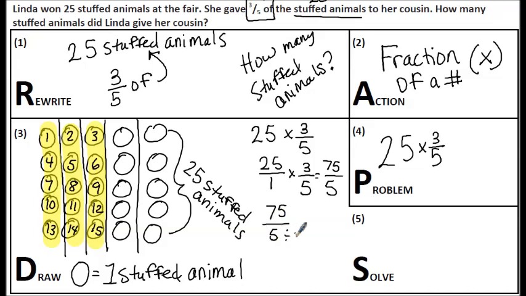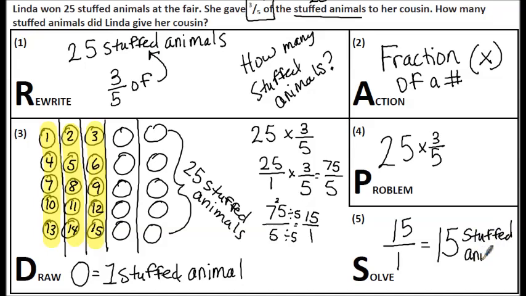And if we simplify that fraction by dividing the top and bottom by 5, then 5 goes into 5 one time, 5 goes into 7 one time with 2 left over, and 5 goes into 25 5 times. So we get 15 whole stuffed animals. And in our picture, we see where those 15 stuffed animals are coming from.